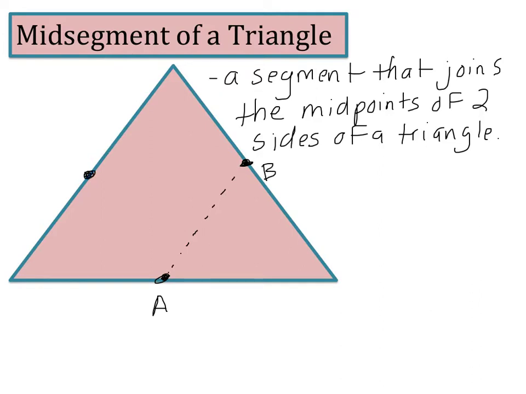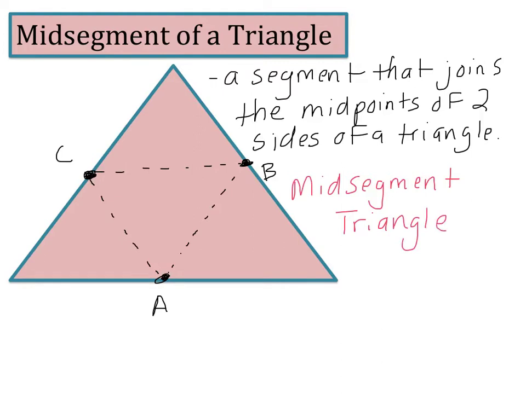Now if I draw one on the other side and connect those, and then I connect the ones across, I have what's called a midsegment triangle. So the midsegments in this diagram are segment AB, AC, and BC. And the midsegment triangle would be known as triangle ABC.